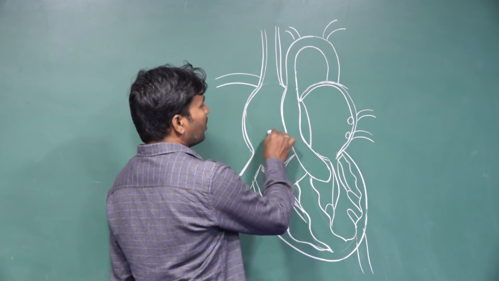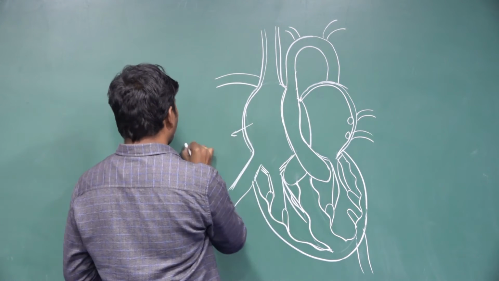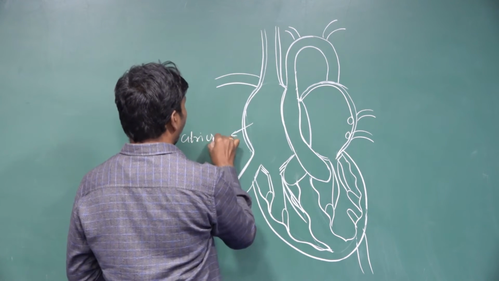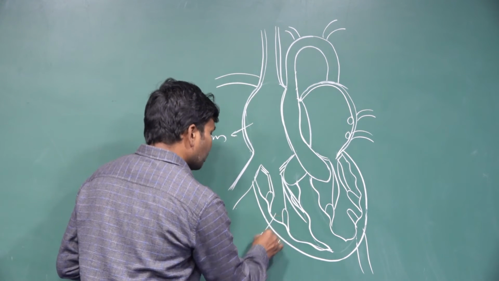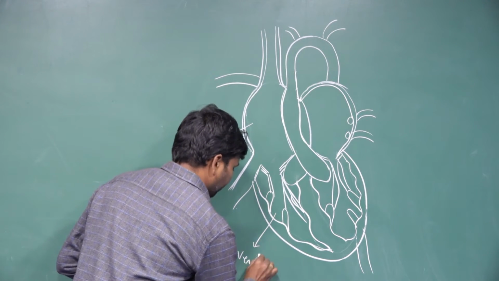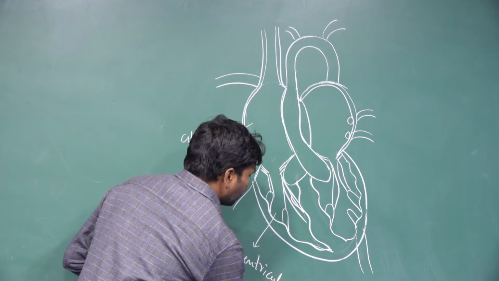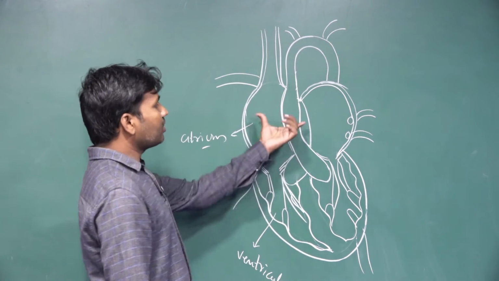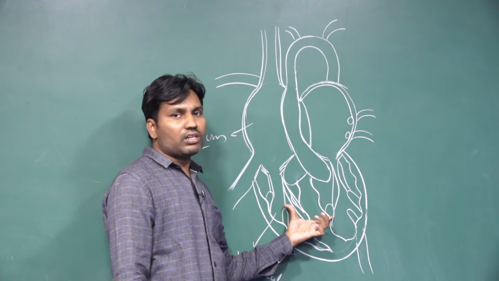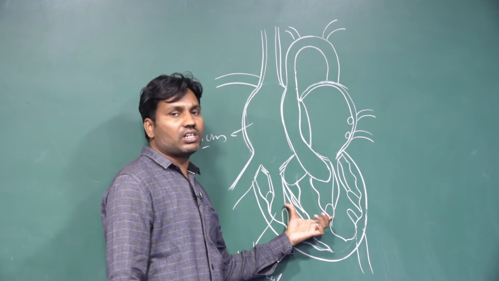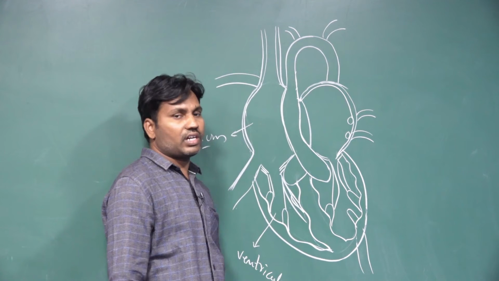The upper two chambers are atrial chambers, singly called the atrium, and the lower two chambers are called ventricular chambers. The upper two chambers are smaller, and the lower two chambers are larger.